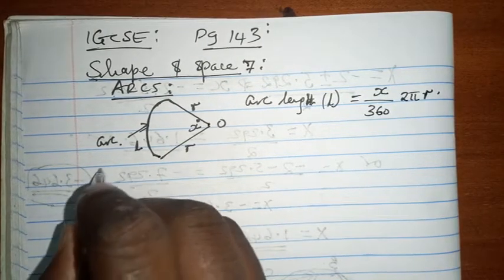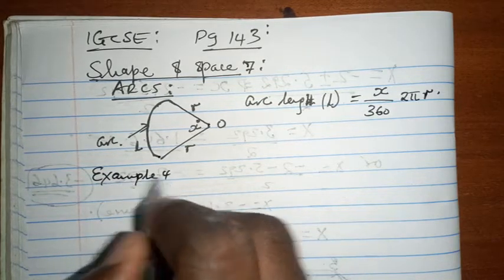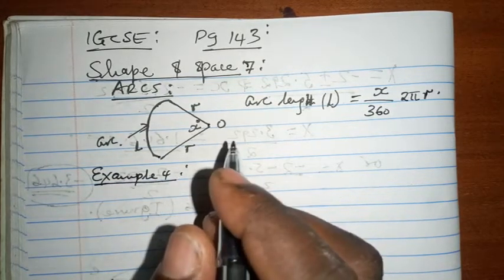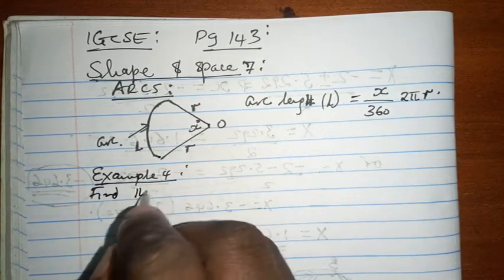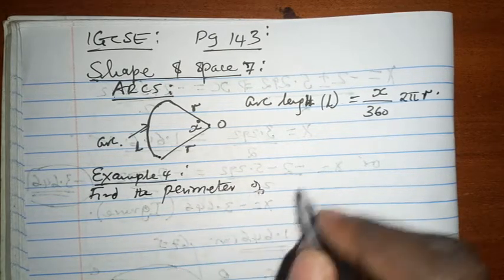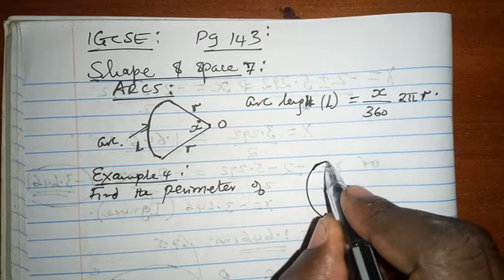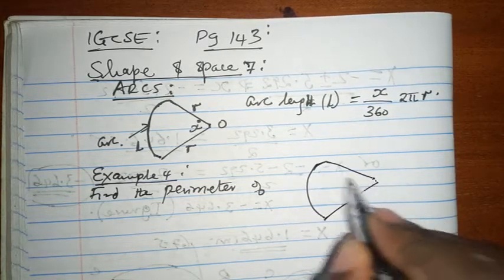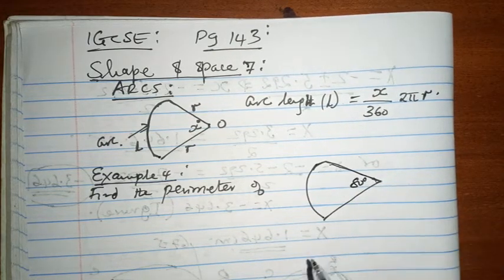And with that, I want to explain example 4. Find the perimeter of the shape shown. There is that, and there is that. That is the arc, and there is 80 degrees.